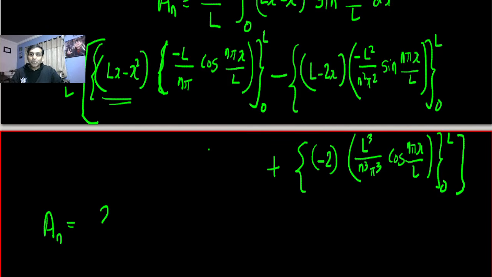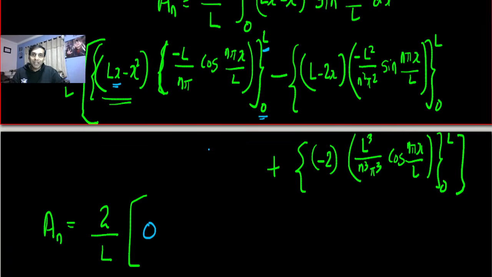Okay, so 2 divided by L. Come on, look at this. We are going to have an advantage. If I plug in the upper limit, I can see I'll get L squared minus L squared, gone, 0. And when I plug in the lower limit, I will get 0 minus 0. Now I don't care. So 0 minus 0, that's gone. 0 multiplied by some finite number, minus.